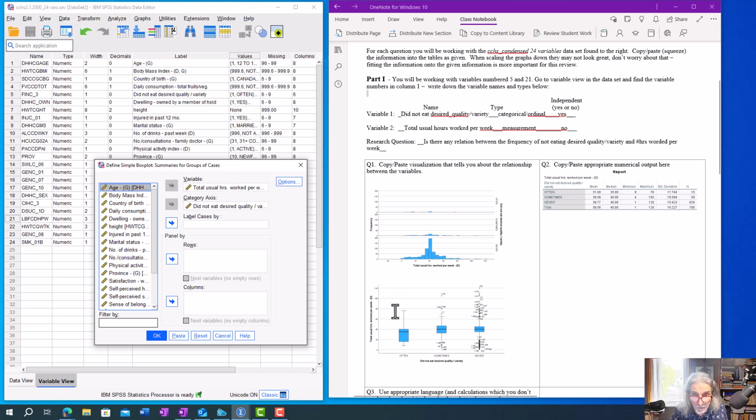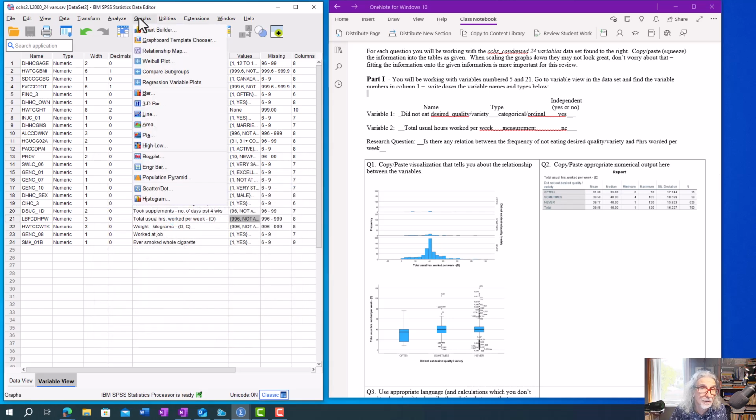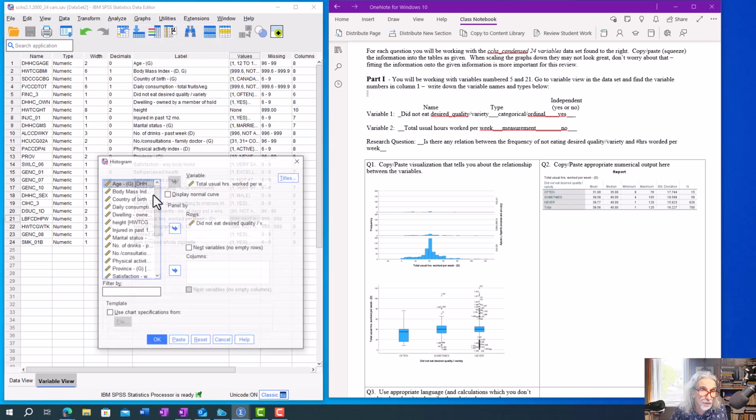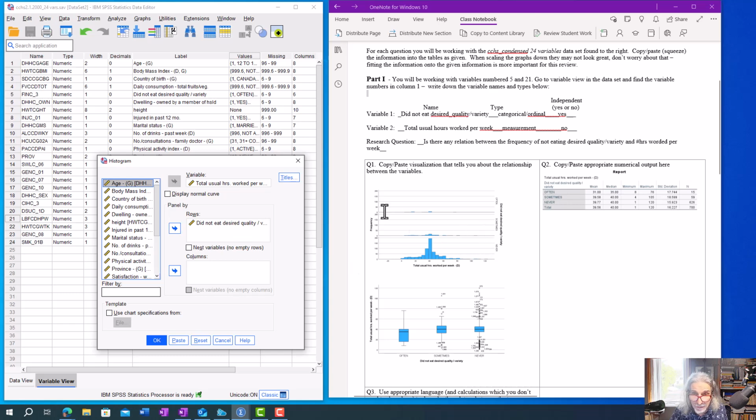So that's on the vertical axis. Next, histogram. Same thing, graphs, look at the histogram, and the key here is paneled by rows. That's the categorical variable there. Each of these panels is a separate category, never, sometimes, often. Now it's kind of useless because there's comparatively few data points for often and sometimes.